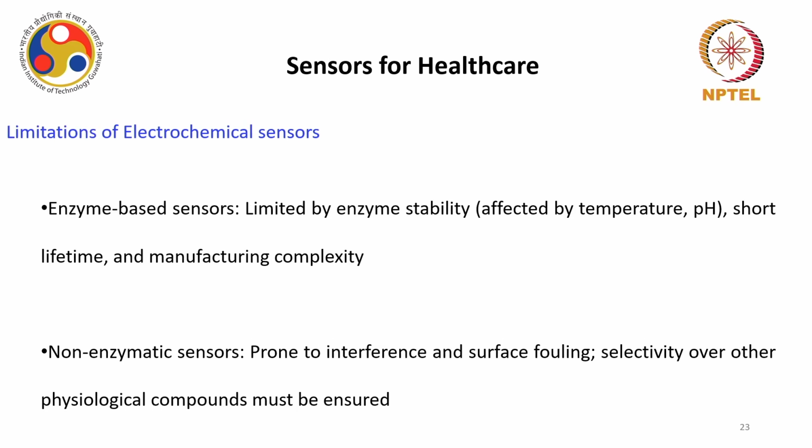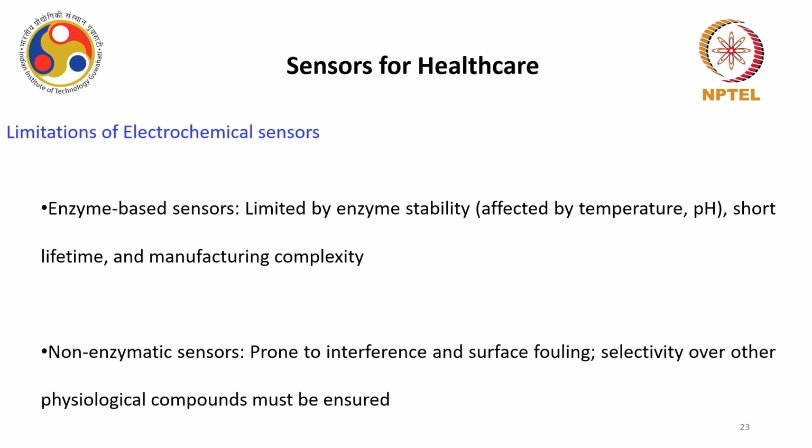However, there are certain limitations also. If you talk about enzyme based sensors, they are limited by the enzyme stability, which is of course affected by the pH, temperature and other ambient factors. They have short lifetime and they have manufacturing complexity. Non-enzymatic electrochemical sensors are prone to interference and surface fouling.